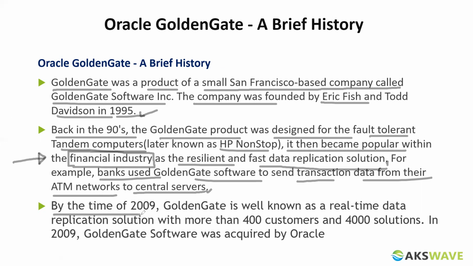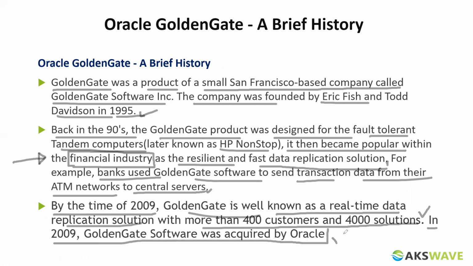So by the time of 2009, Golden Gate is well known as a real-time data replication solution with more than 400 customers and 4,000 solutions for them. But in 2009, Golden Gate Software was acquired by Oracle. And I think now Oracle has more than 5,000 customers who are using Golden Gate, right?